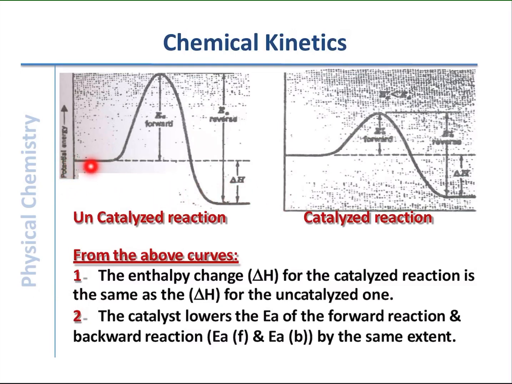Delta H is the difference between the enthalpy of reactants and products. It is the same in both cases, but what is different? The difference here, between reactant and transition complex, which is the activation energy.